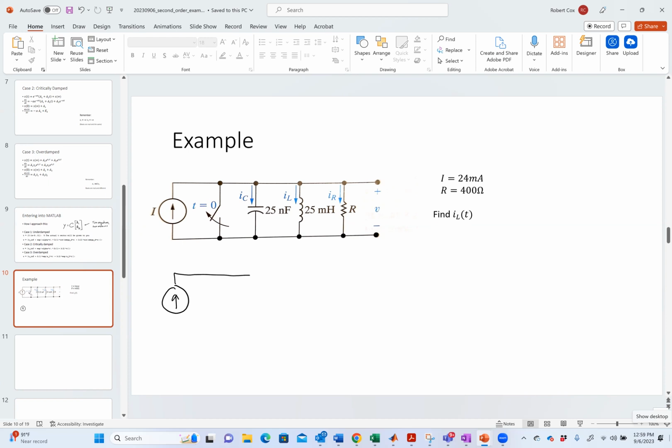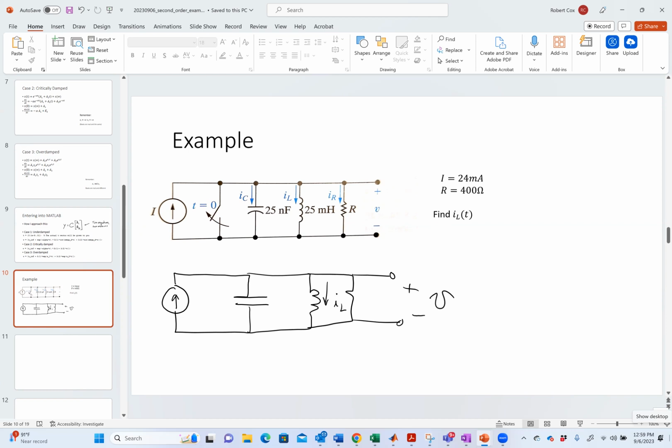Open it. Okay, so I got my capacitor, I got my inductor, and I got my resistor. In the homework I'm solving for the voltage, but in this particular case, I'm interested in I sub L.